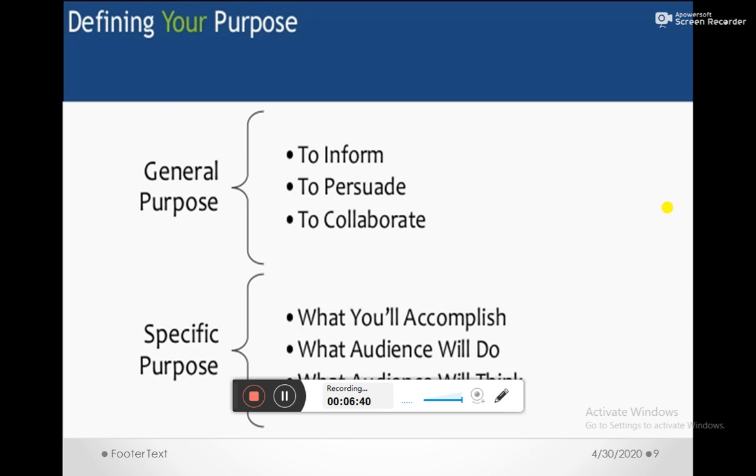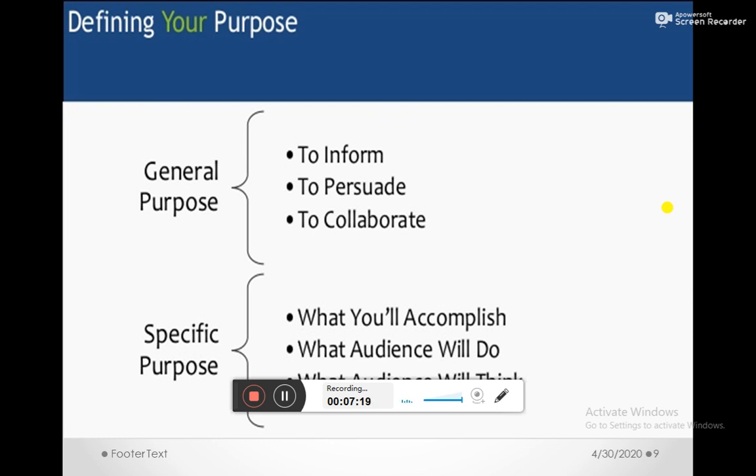Within the scope of that general purpose, each message also has a specific purpose, which identifies what you hope to accomplish with your message. Define your specific purpose as precisely as possible, even identifying which audience members should respond, how they should respond, and when they should respond. After you have defined your specific purpose, make sure it merits the time and effort required for you to prepare and send the message.